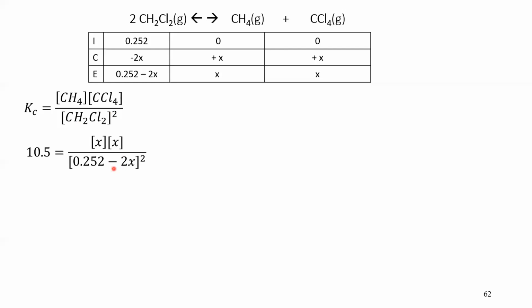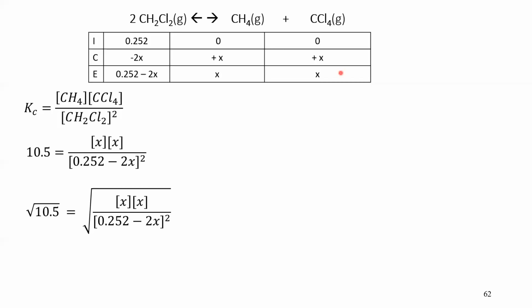Take the square root of both sides, isolate X, solve for X, and then once you solve for X, plug them back in here and calculate your equilibrium values. And whenever the numerator and the denominator are squared, this is the way we want to solve the problem.